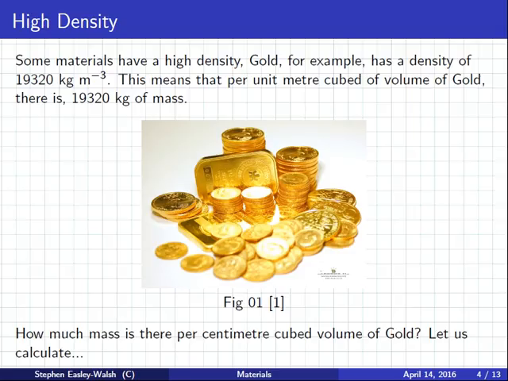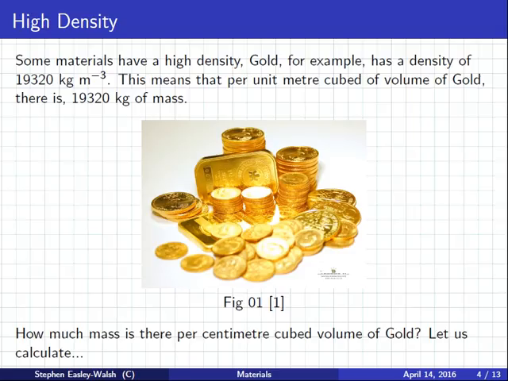You said 19.320. No, not with the point. You have the right answer. It's 19.32. 10 to the 13, you know that's wrong.